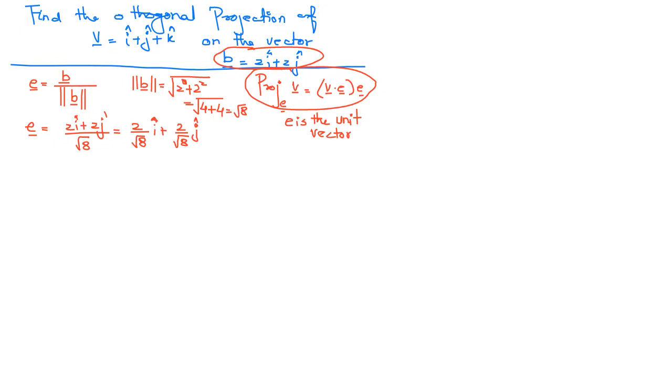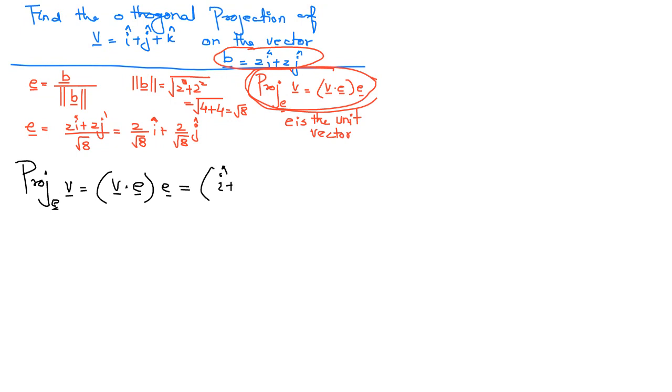Okay. Now use this formula for the projection. Projection along vector V is V vector dot E vector into E vector. What is V vector?